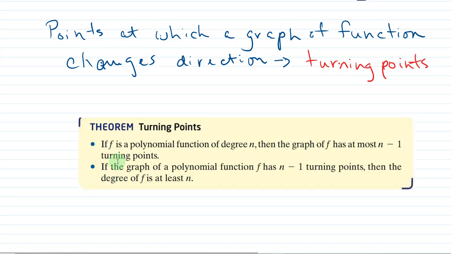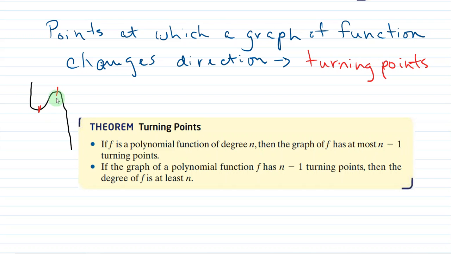So if you had, let me see if I can draw here. So if I had that, all right, how many turning points do I have? I have 1 here and 1 here. That means that this says then the graph has at most n minus 1 turning points.